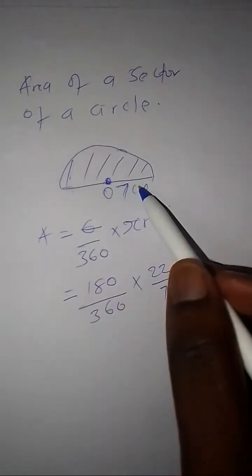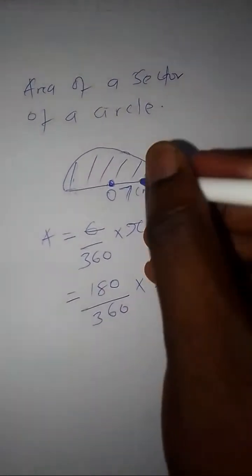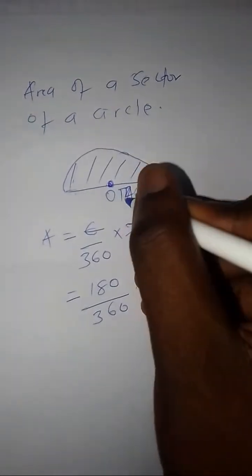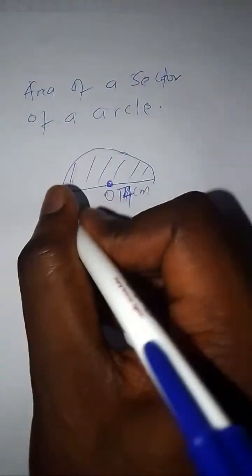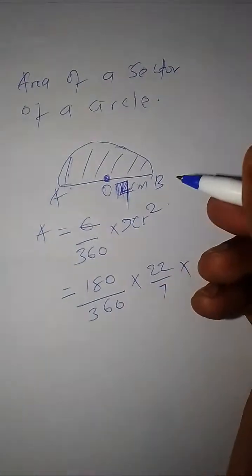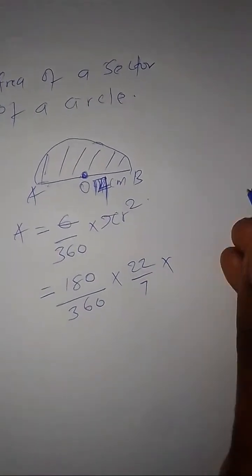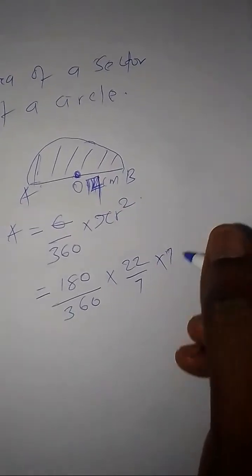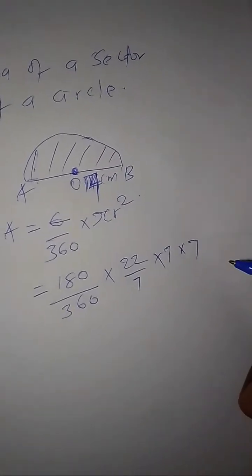The 7 is the diameter, so we can change it to 14 centimeters, so that the distance from point A to point B becomes 14 centimeters. Now our radius will be 7, multiplied by 7.